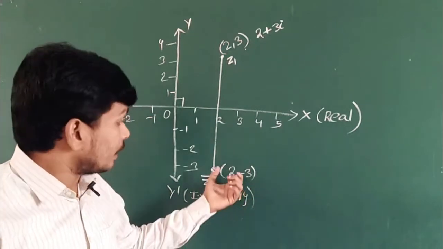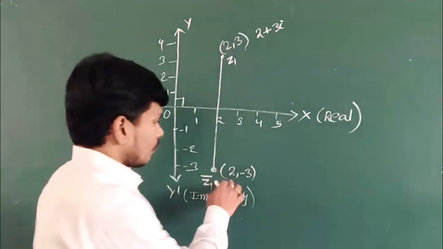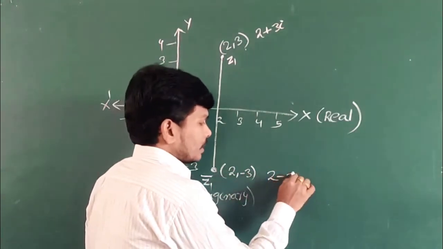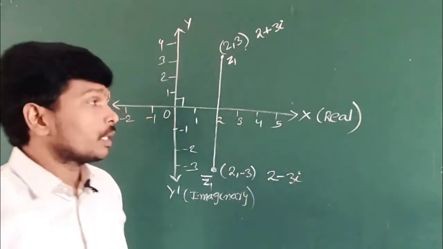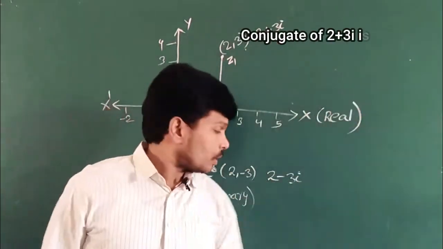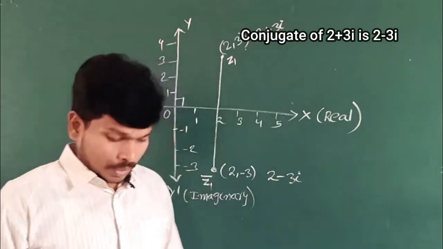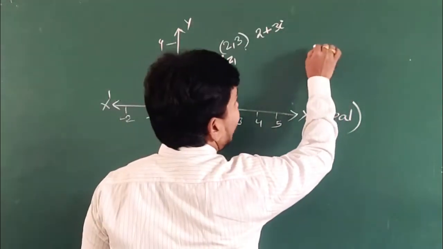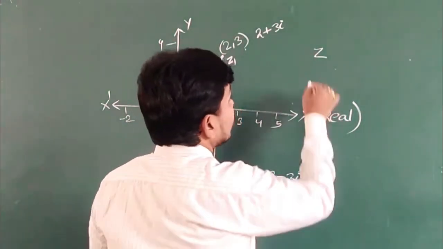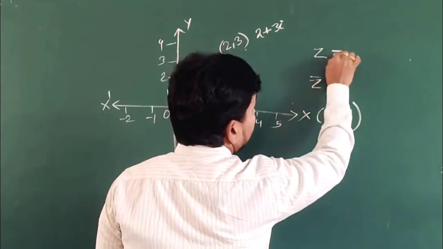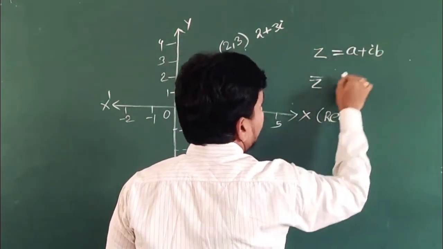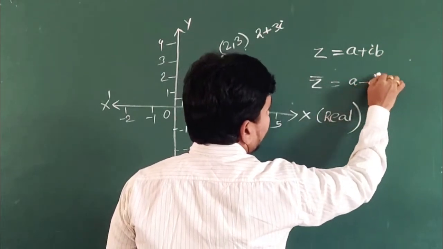Tell me, in complex number form what will we get? Real part as it is, imaginary part negative, so 2 minus 3i. So the conjugate of 2 plus 3i is 2 minus 3i. If a complex number is denoted by z, then its conjugate is denoted by z bar. If z is equal to a plus ib, then z bar is a minus ib.